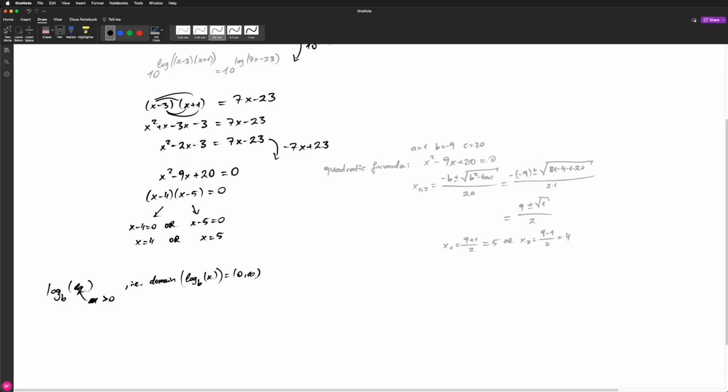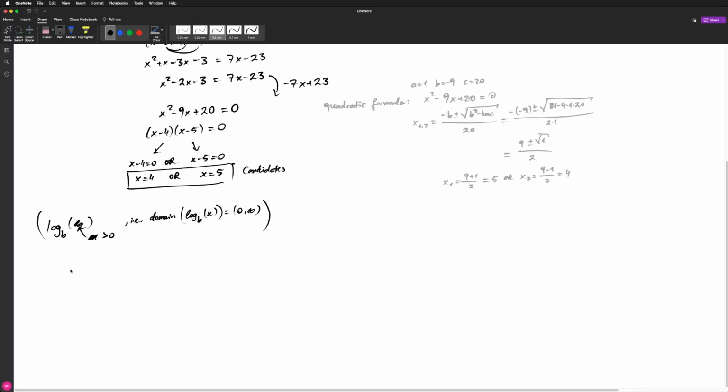That's the reason these numbers are not solutions, they're only candidates. And one or both of them can be ruled out. So there is no escape from that, you have to check.